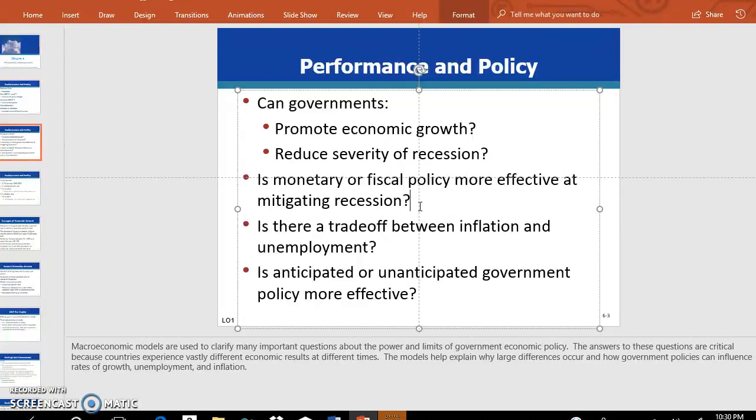Interest rate is the cost of borrowing money, right? And so interest rate is an important determinant of investment. Whenever interest rate is low, businesses will borrow more and invest more and create more income, employment, and output. And that may solve the recession problem.